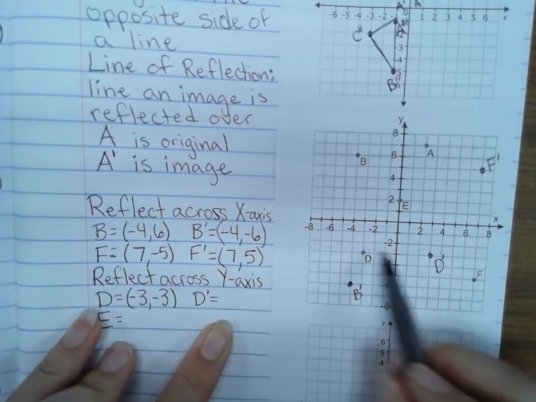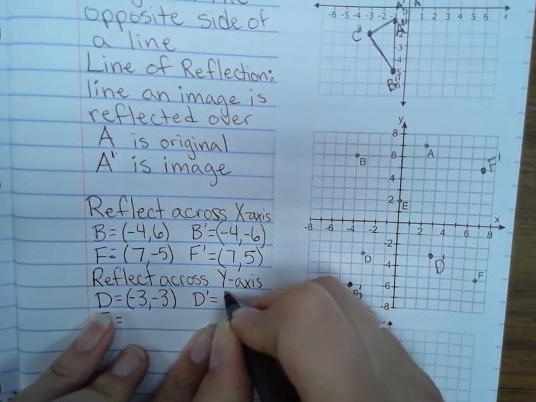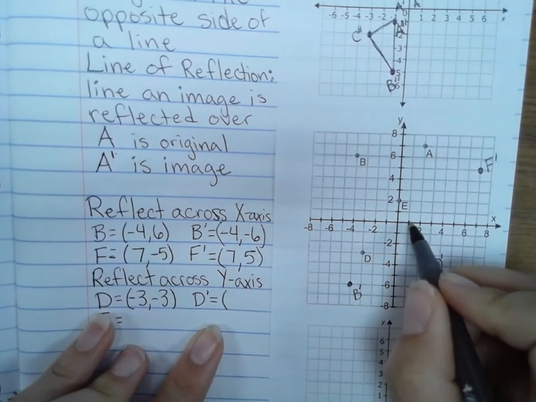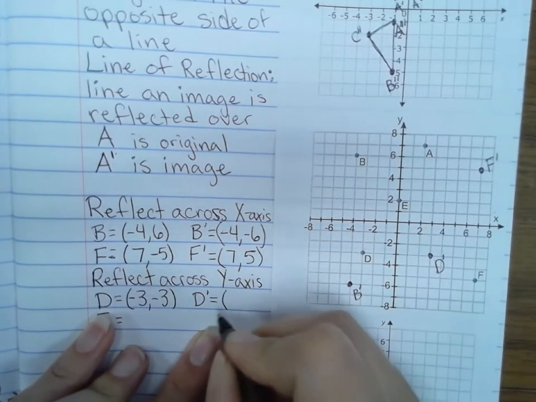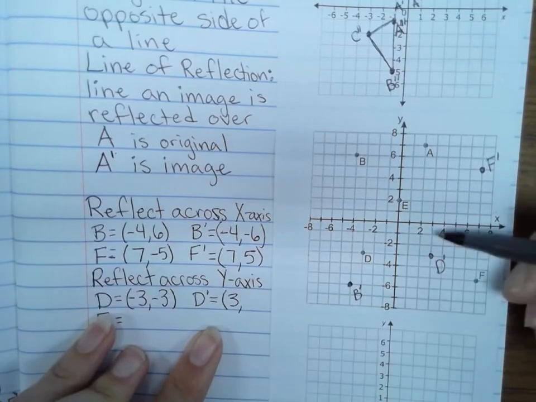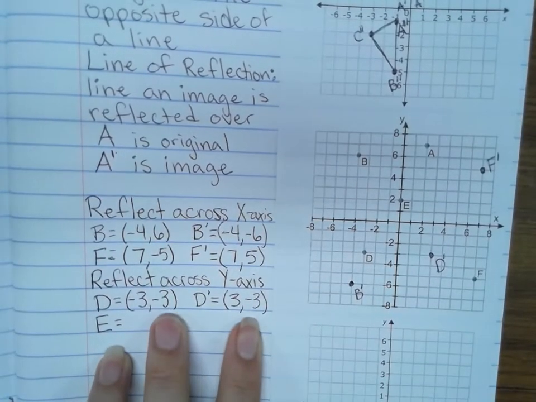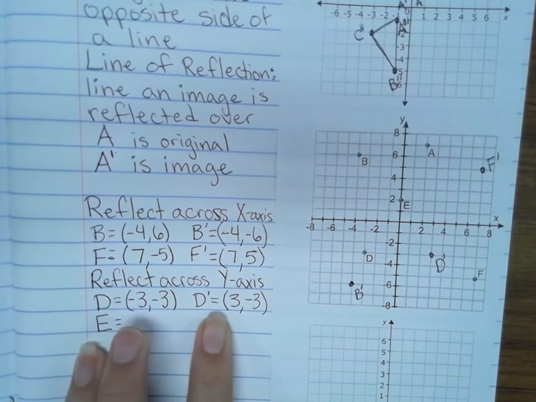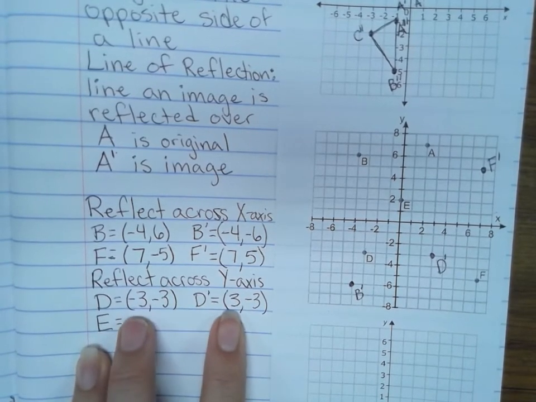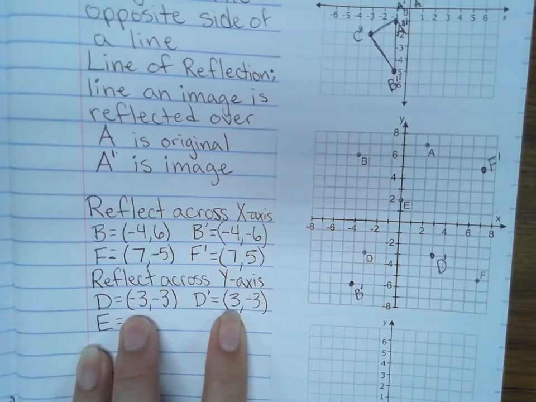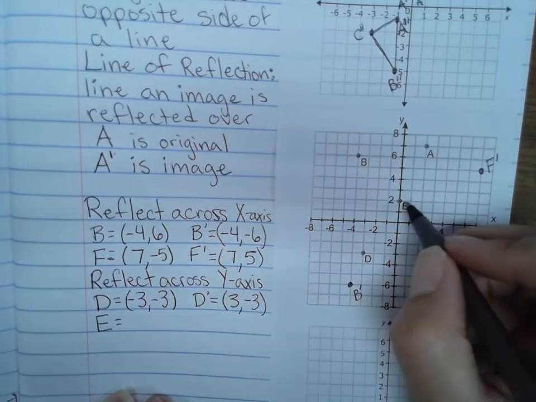So by reflecting it across the y-axis, my new coordinates are positive 3 for the x, negative 3 for my y. So look, when we reflect across the y-axis, the y value stayed the same because it didn't move up or down, but it did move left and right. So let's look at E.